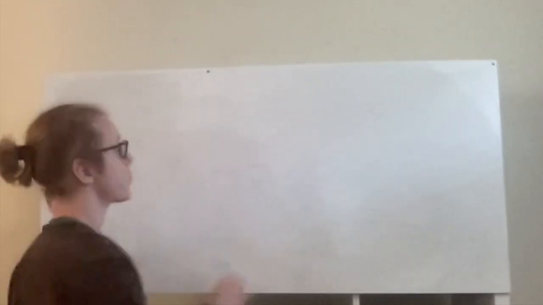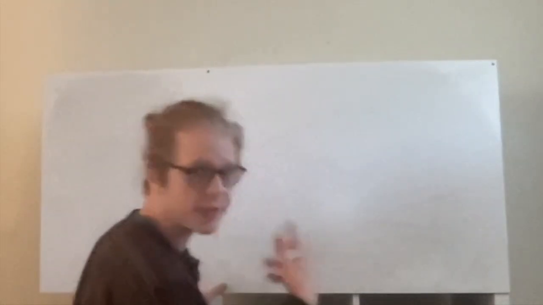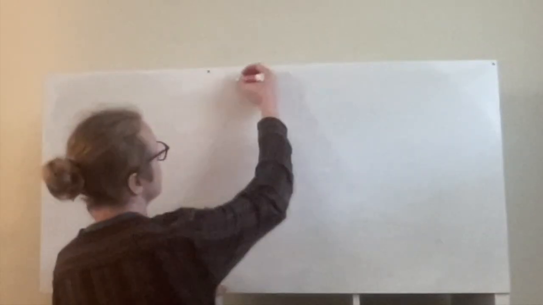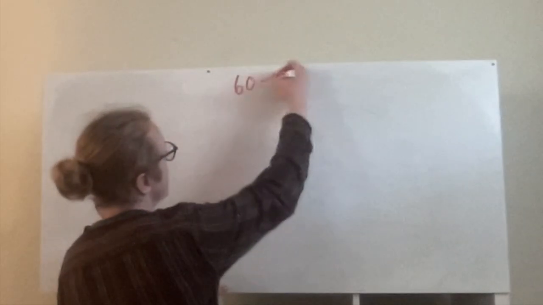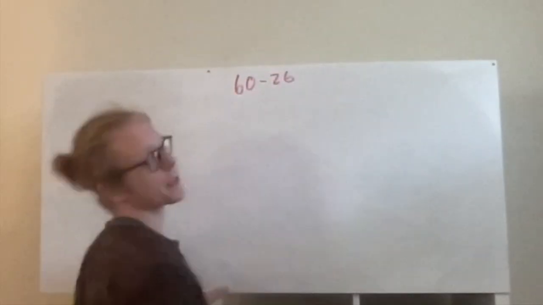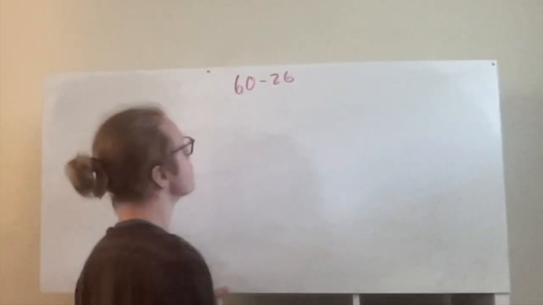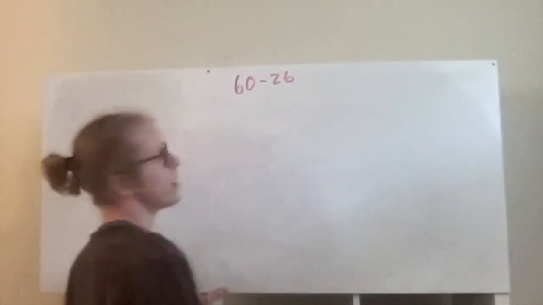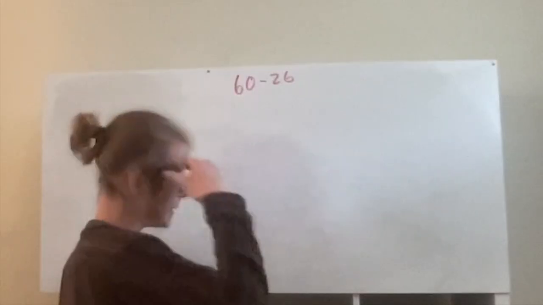Okay, let's look at another problem and see if we can use this same strategy, right? We're going to be counting up, asking how many more. So we have 60 minus 26, okay? And like I said, when we're doing mental subtraction, oftentimes it's easier to think, okay, I need to count up.